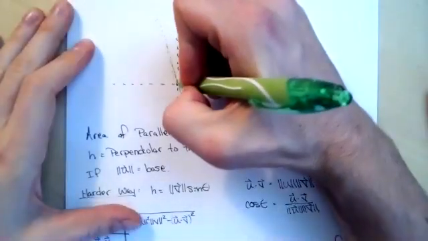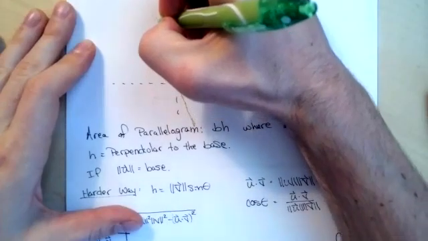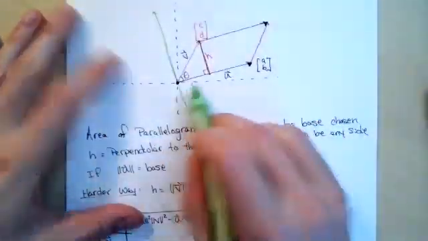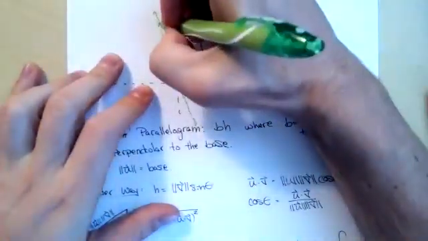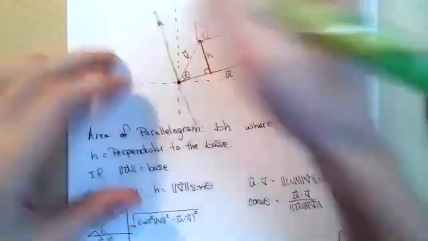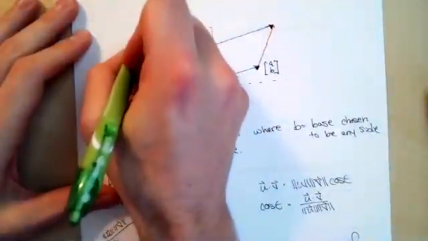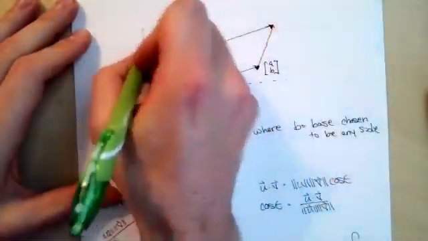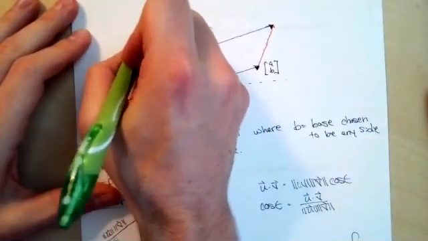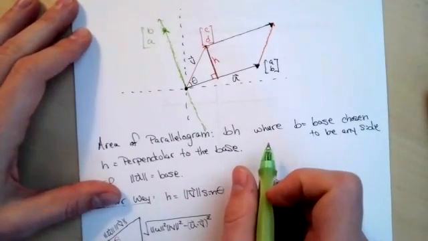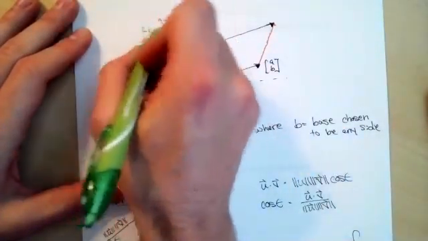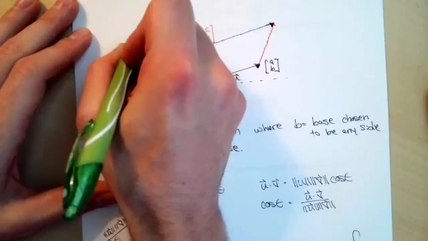You guys remember? How do we create a perpendicular to a 2-dimensional vector? We simply flip the coordinates and then we make one of them negative. So the one I've drawn, the b term, is negative.